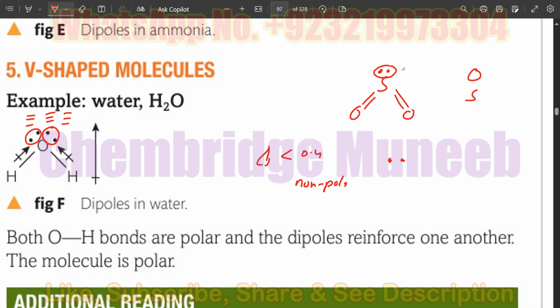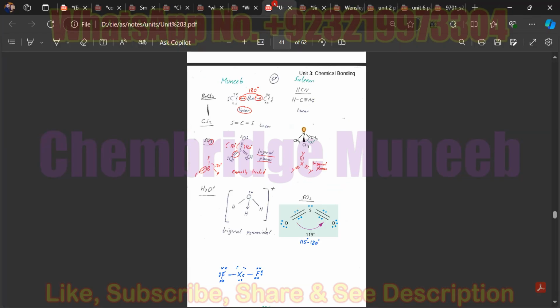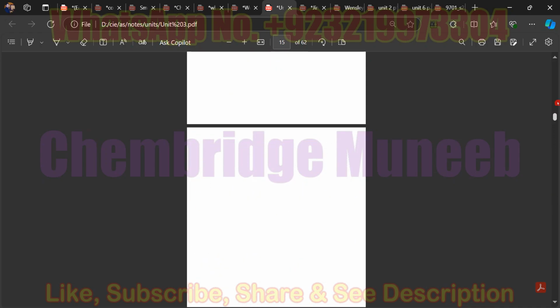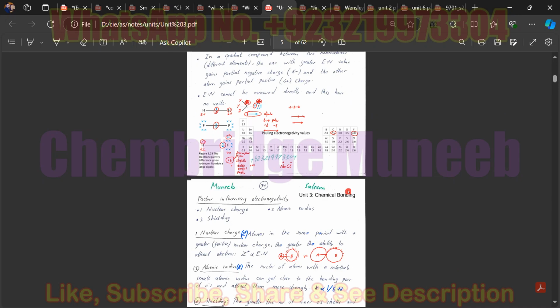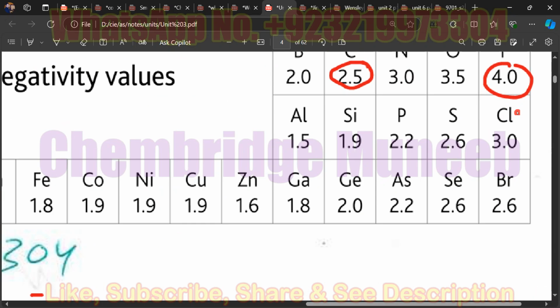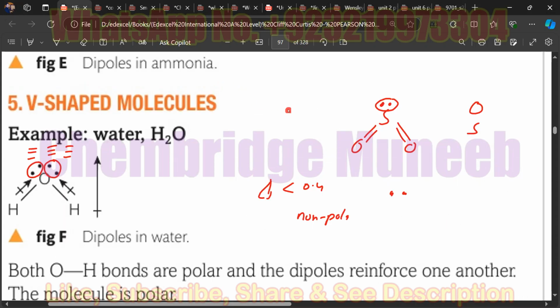The bonds are non-polar. I can also check this in this chapter. Let me check it once. I need to see the values of the electronegativity. Oh wait, there is a large change between them. Oxygen is 3.5 and sulfur is 2.6, so the bond will be polar here.